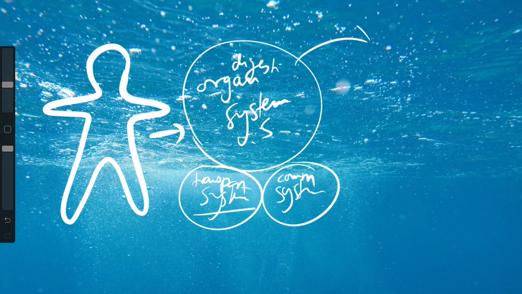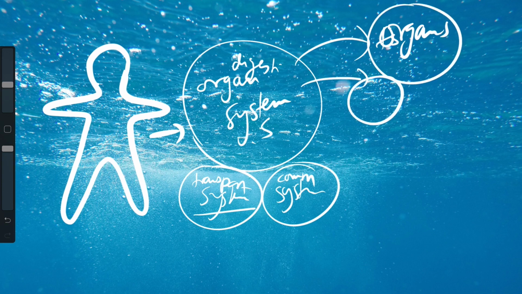Each of these organ systems is made up of tissues, organs, individual organs that have more specific functions. Okay, so each system is made up of its different organs, and those organs all have individual functions. For example, in a digestive system, the stomach's role is to churn the food up, mix it with digestive enzymes, create the conditions for those proteolytic enzymes to work optimally.